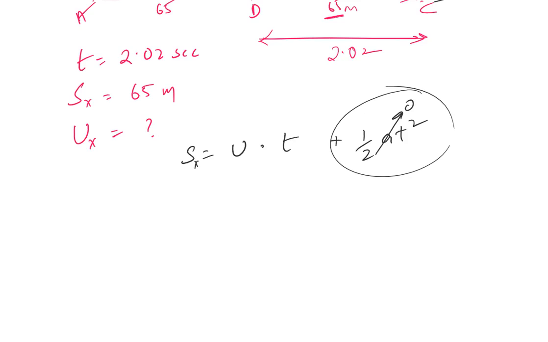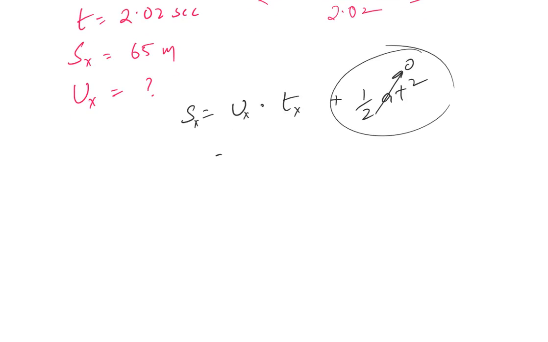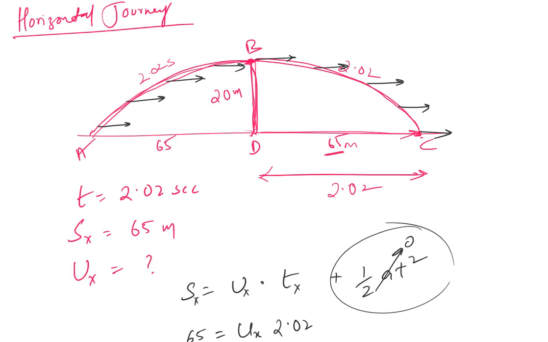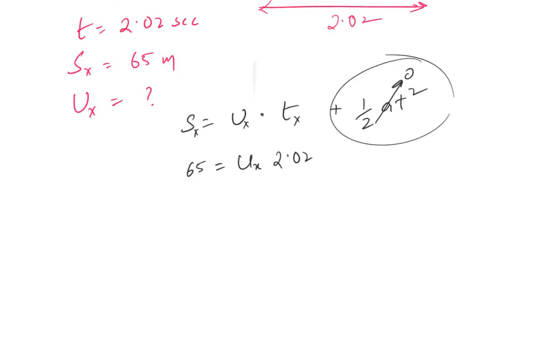And because it is the horizontal component, I'm just going to say this. So s is 65, ux is what we have to find, tx is 2.02. t is the same, call it tx, ty, they're all the same, because from here to here it takes 2.02, and from here to there also takes 2.02.